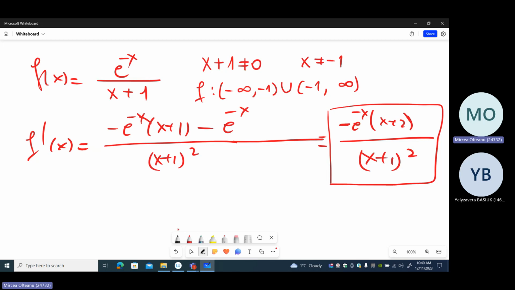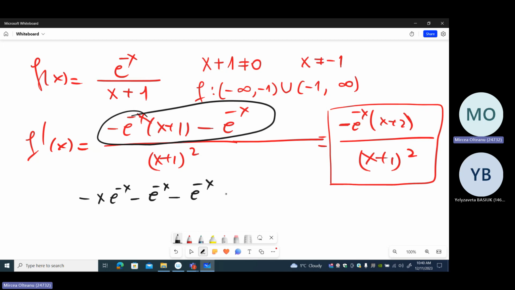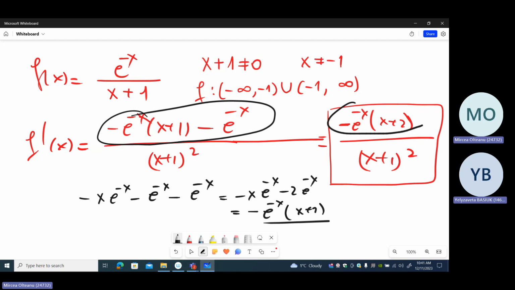Because if you multiply, it will be minus x e at minus x minus 2 e at minus x, which means minus e at minus x times x plus 2. That's why we got here x plus 2. Okay?